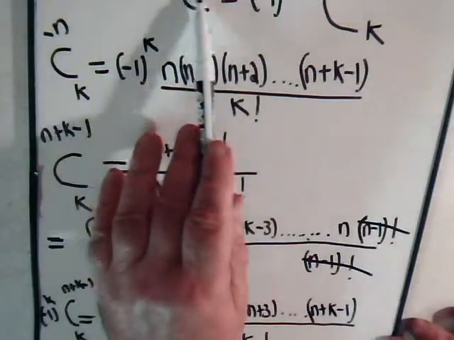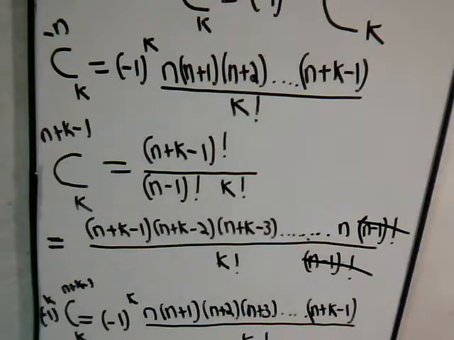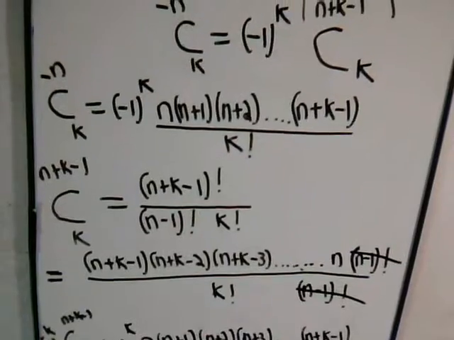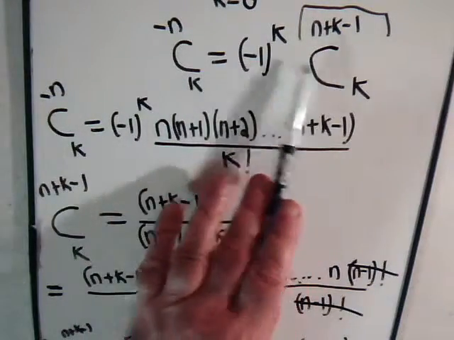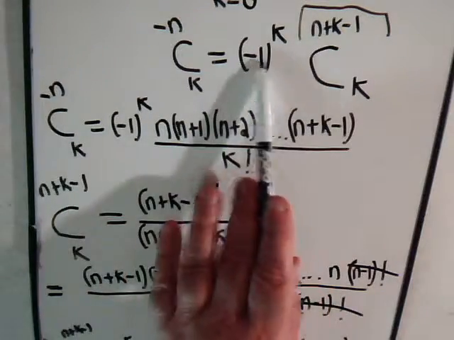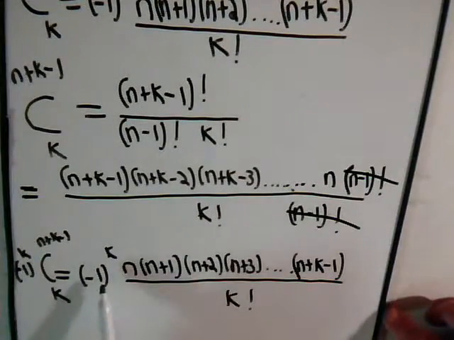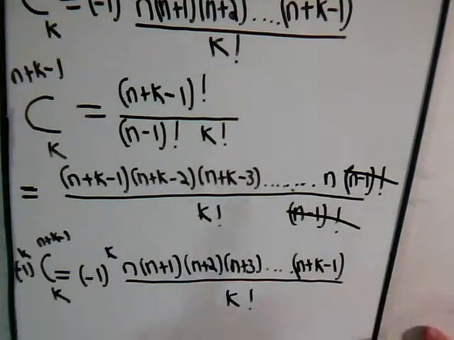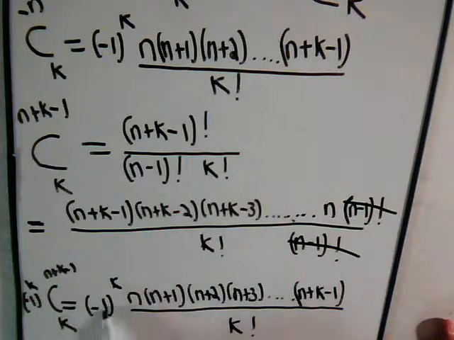So we have proven this expression. This expression here is what we have just proven. This is equal to this, and this is equal to that, and these two expressions here are the same.